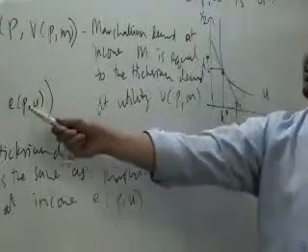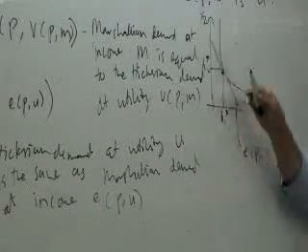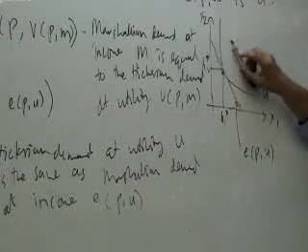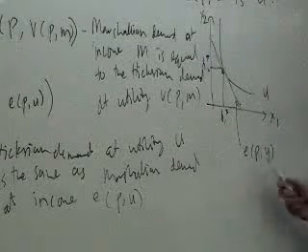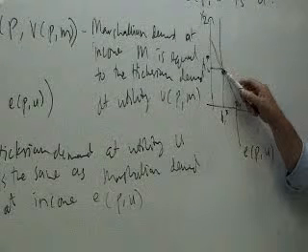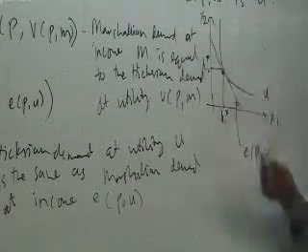Sebab you kata saya punya budget constraint sama dengan E(P,U), so saya cuba try to get on the highest indifference curve here. And of course, because my budget constraint is equal to E(P,U), therefore my optimal choice untuk X1 dan X2 should be the same.